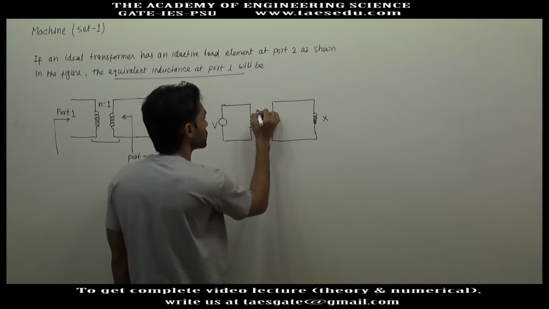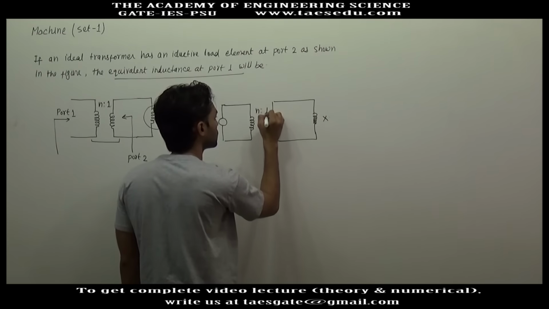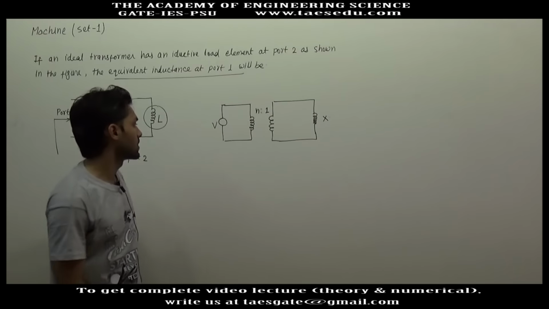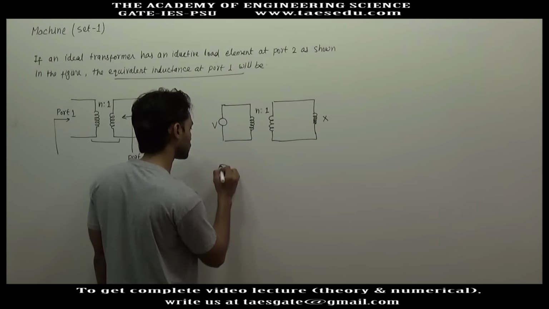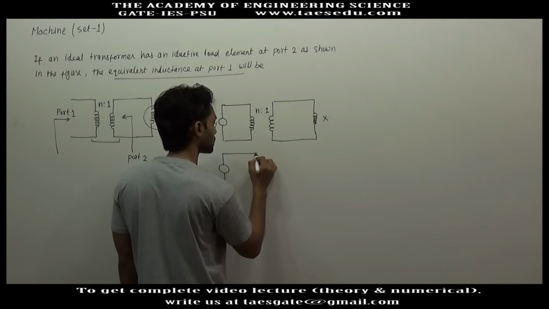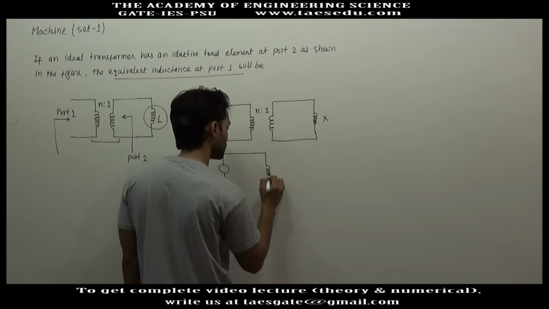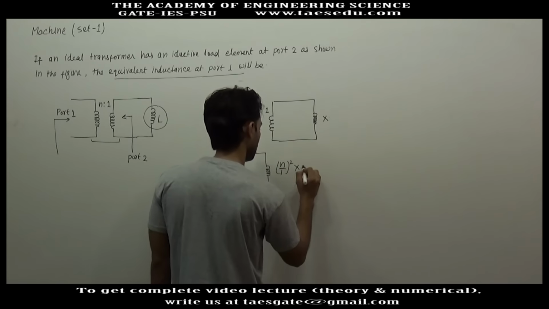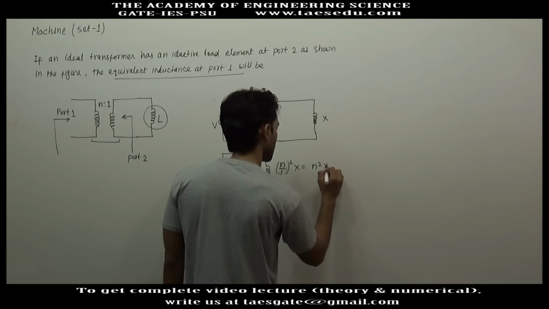Here the ratio is n:1. So when you refer this reactance to the primary side, this will be V, and this reactance will be (n/1) squared into X. This is n square X.